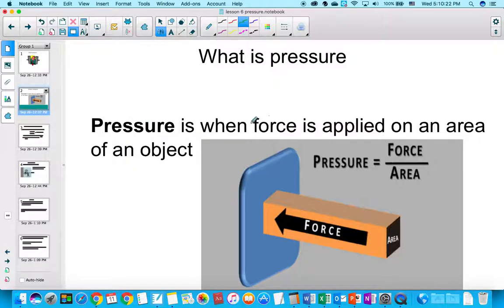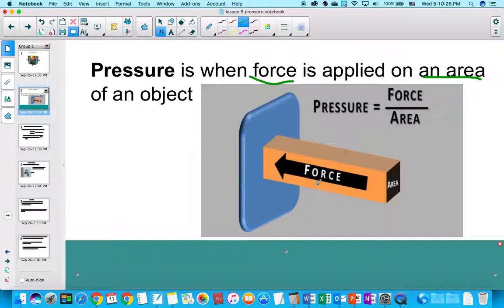Pressure is when force is applied to an area, right? So if we look at this block of wood, applying a force on this surface, the amount of force being applied is the force, naturally, and the area is the area this block of wood covers.